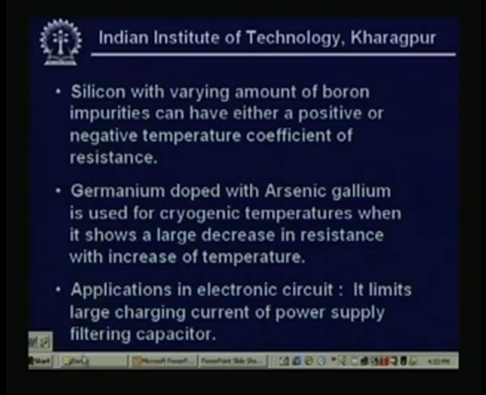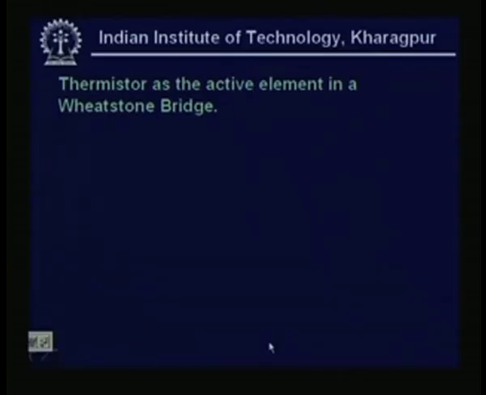If I go back, the thermistor can be used as an active element in a Wheatstone bridge, because it is a resistance change. Ultimately, if I want to measure temperature, I have to calibrate the output voltage in terms of temperature.